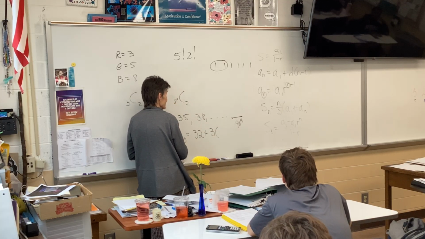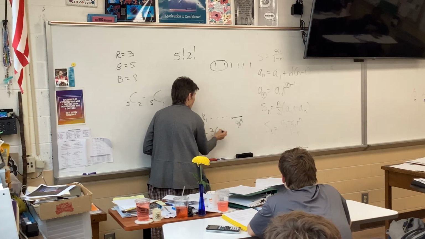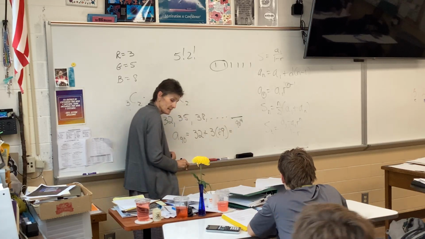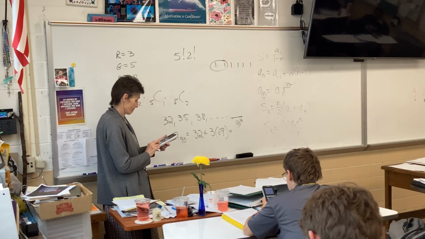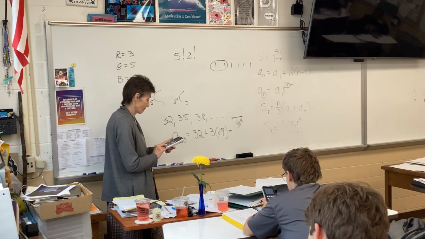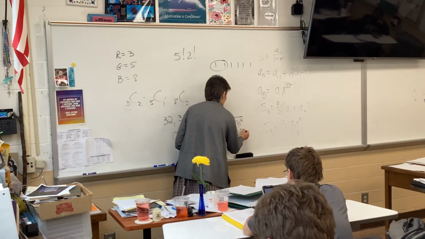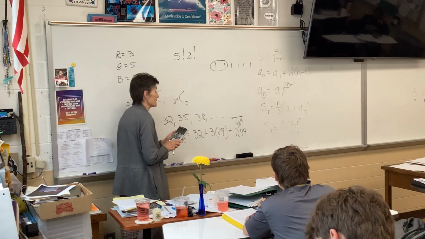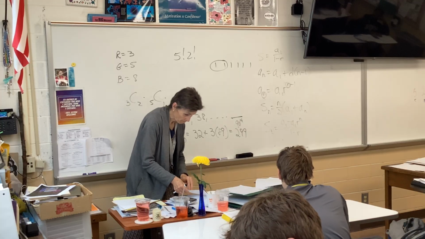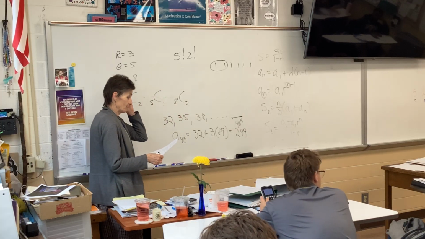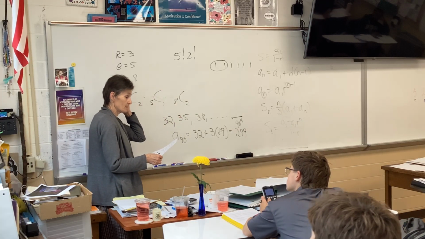Since n is 90, n minus 1 will be 89. So that's 299 candy kisses she's going to eat on the 90th day. It's a lot. I think I could do it for one month.